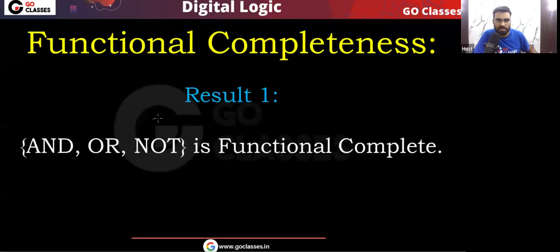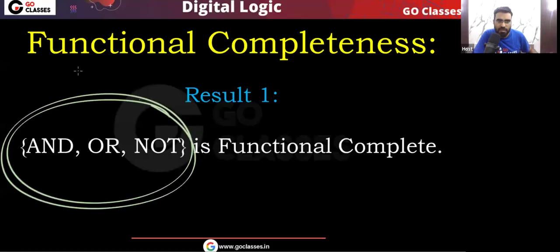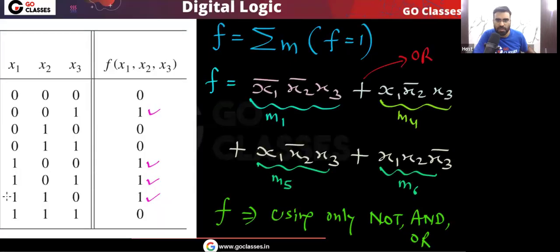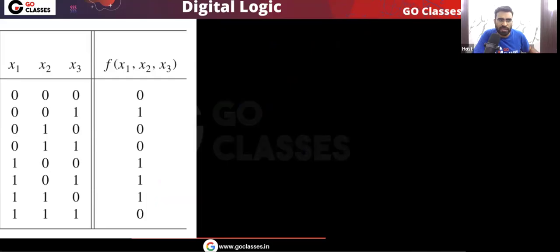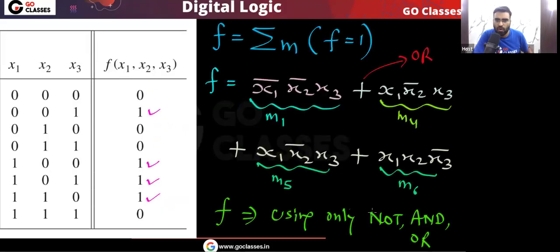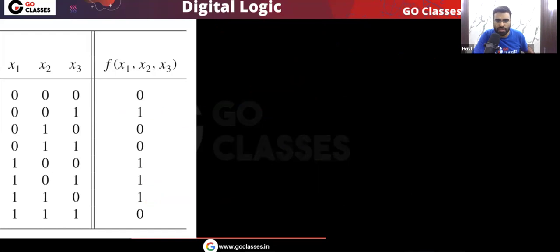Remember, this set AND, OR, NOT is functionally complete. Any Boolean function can be expressed using only these operations. And this is another example. I hope you understood. Similarly, if I give you any other function, you can also express that function only using OR, NOT, AND. Yes or no? Is this clear?